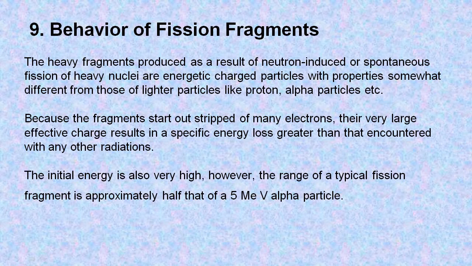We can see the differences. Because the fragments start out stripped of many electrons, their very large effective charge results in a specific energy loss greater than that encountered with any other radiation.